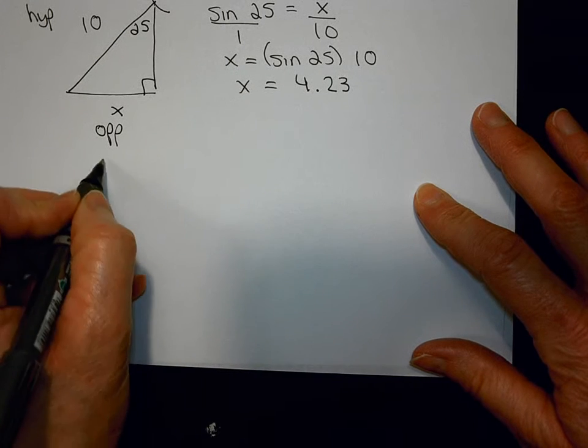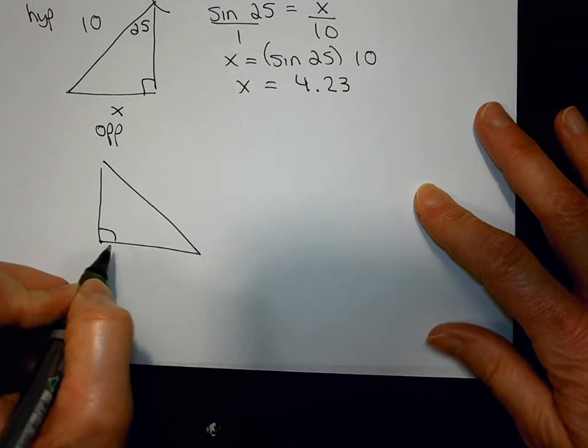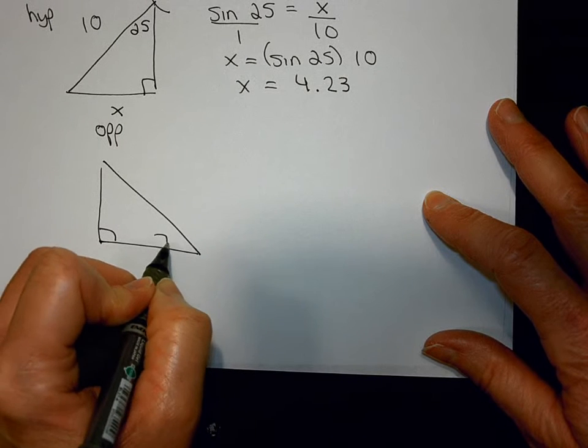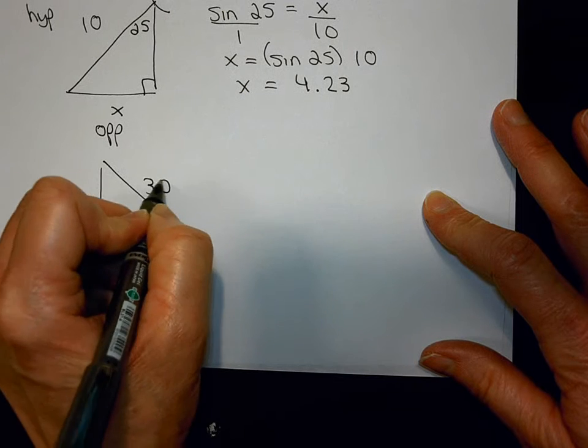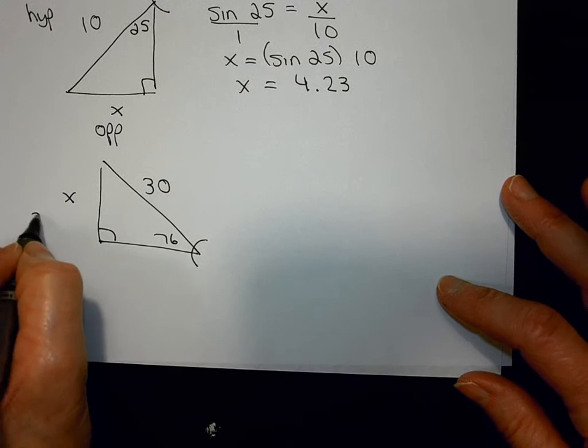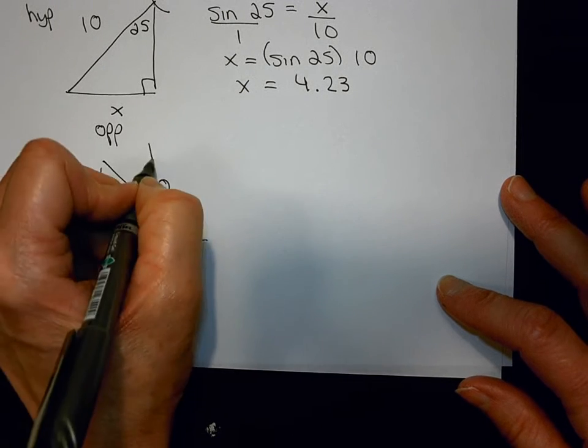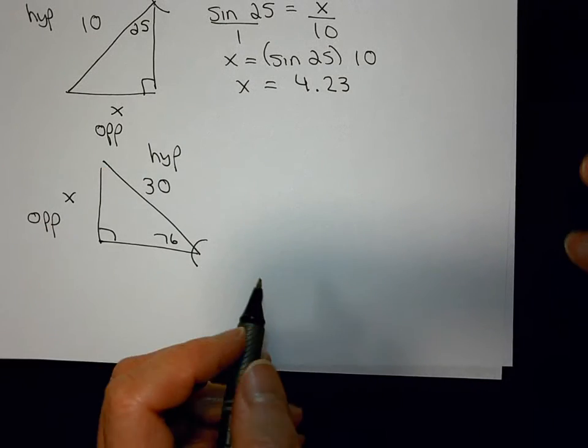Okay, so we know the angle is going to be 76, opposite is going to be x, and so we're standing on the 76. This becomes the opposite. This is hypotenuse because it's across from the right angle.